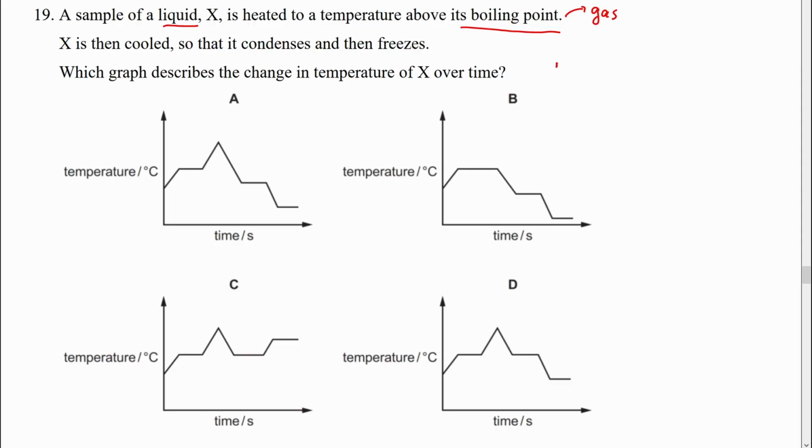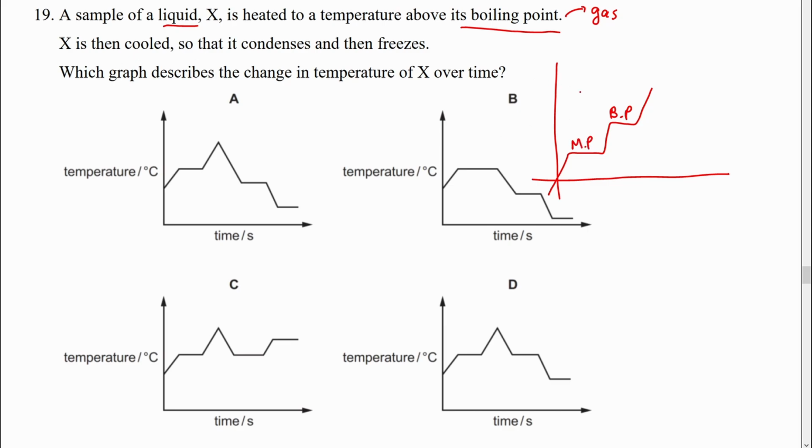So first of all, let's draw the graph of the heating curve. Let's say like this. As we know, here is going to be the boiling point, and here is going to be the melting point.